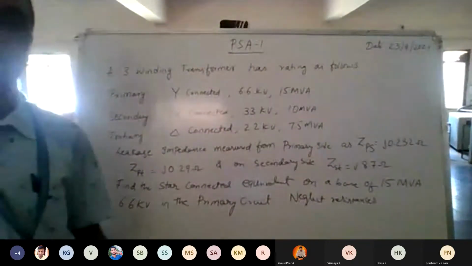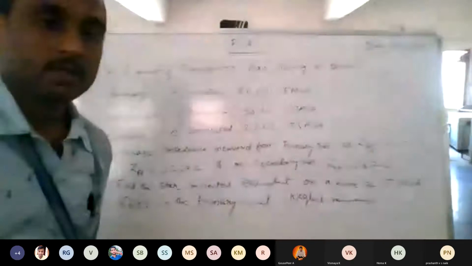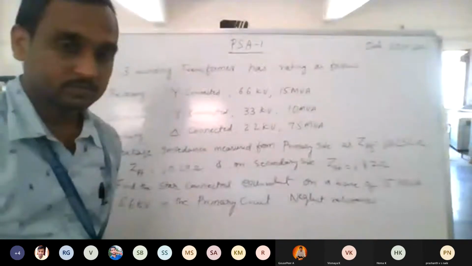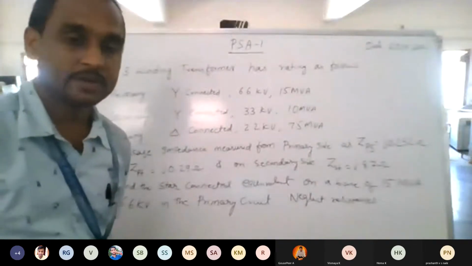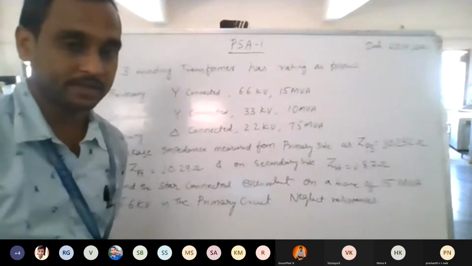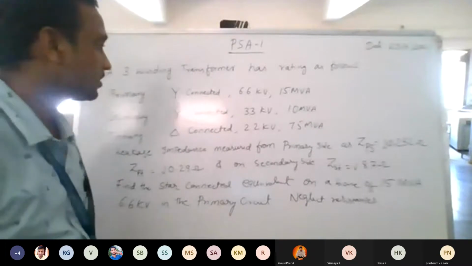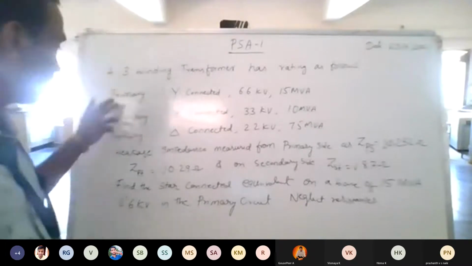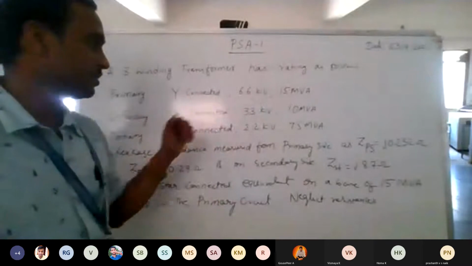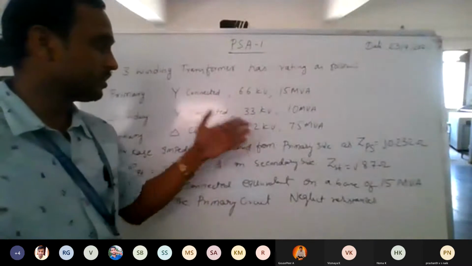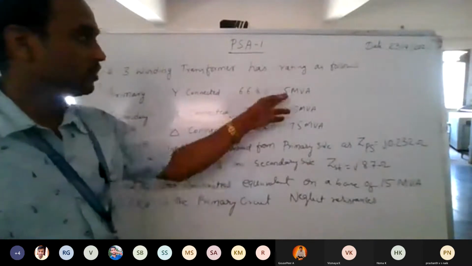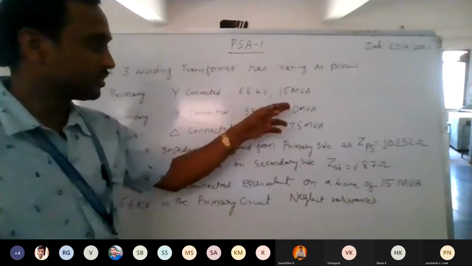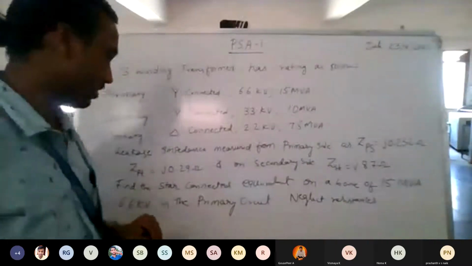So this problem is concerned with the three winding transformer. That is primary winding, secondary winding and tertiary winding. The individual ratings are given: 6.6 kV, 33 kV and 2.2 kV, and power ratings 15 MVA, 10 MVA and 7.5 MVA.